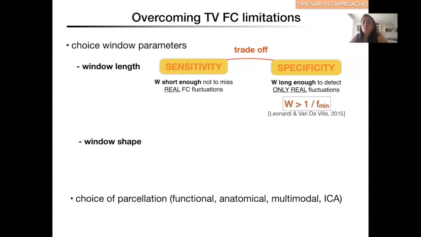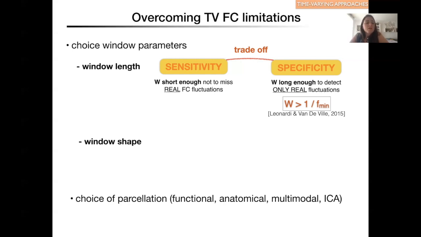And for this, a rule of thumb was introduced saying that the window should be longer than the inverse of the minimum frequency present in the original time course. So this relates to pre-processing choices of your time course. Of course, it's a choice that depends case by case on the study and on the needs of the study, for example on the frequency of the events that we are researching, also depending on the clinical application and so on.